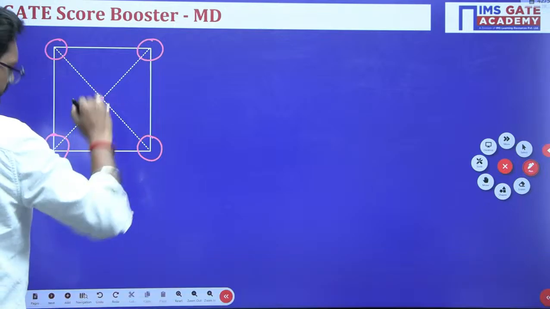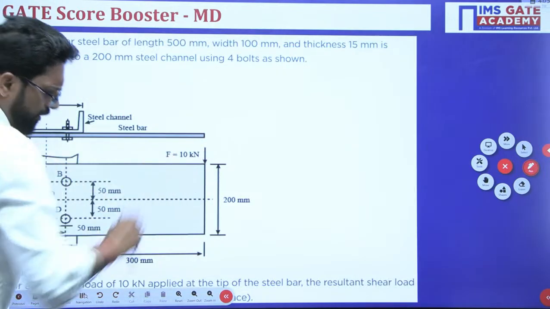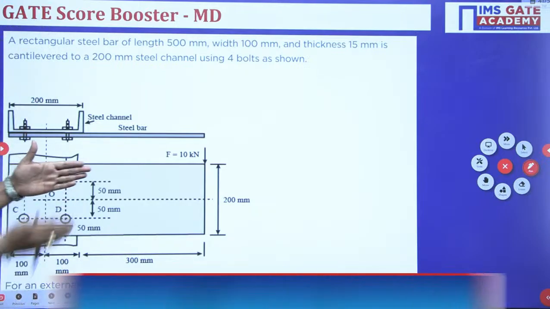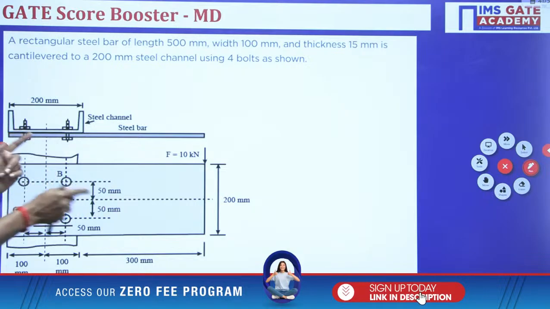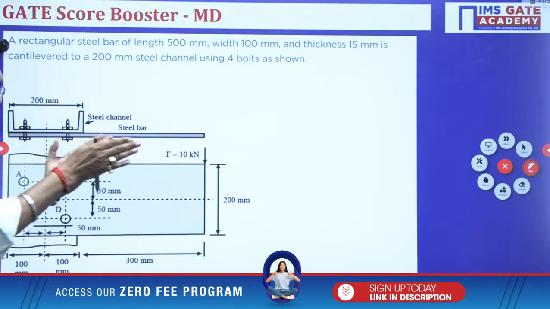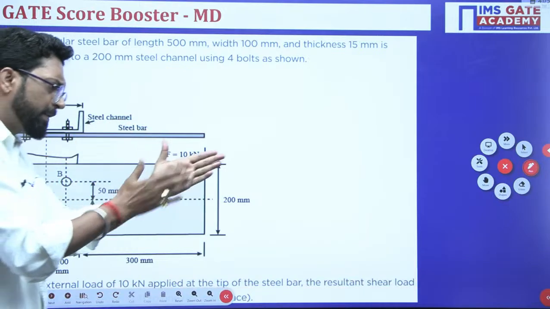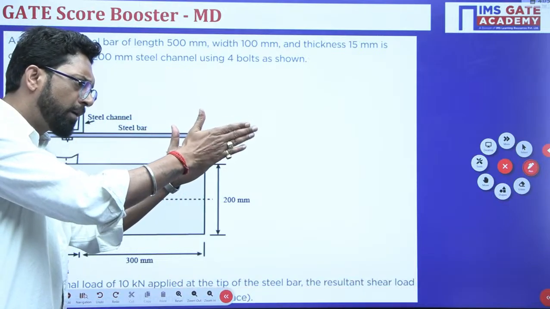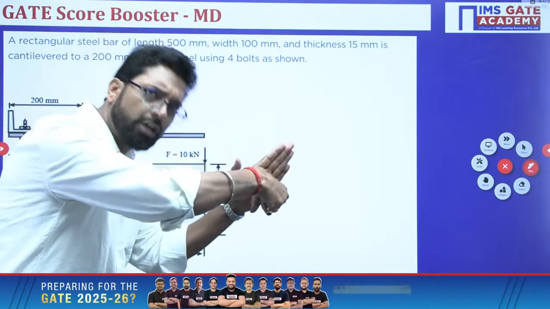Now here, this force, see, this upper plate and lower plate are in the same plane. So if the force is applied, the bolt is twisting. On the bolt there is a torsional moment applied.